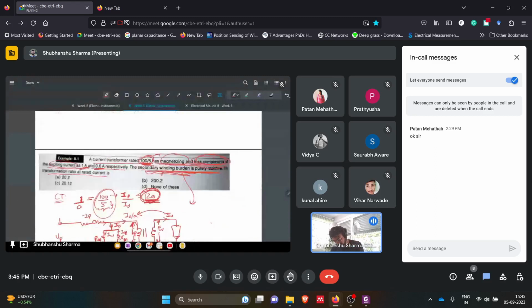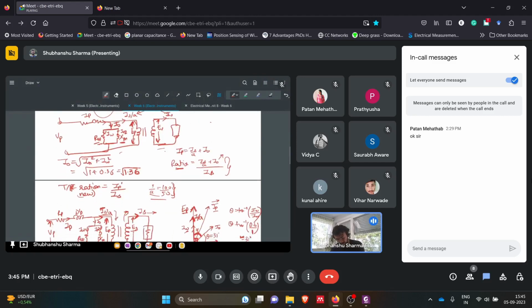So now what will be the answer? Transformation at the rated current will be 20.121. Now you can analyze like this also, what is actually happening when we introduce these magnetizing and loss components of the currents. I told you about this phasor.